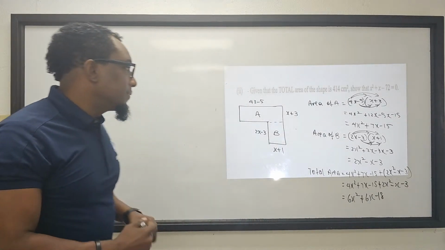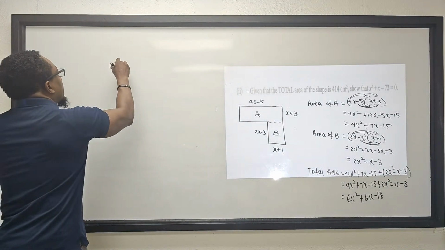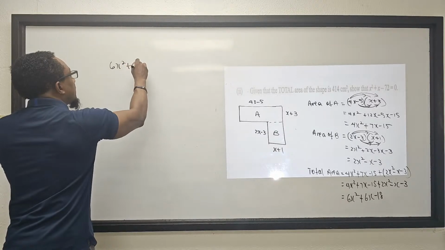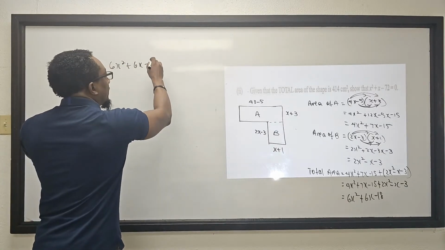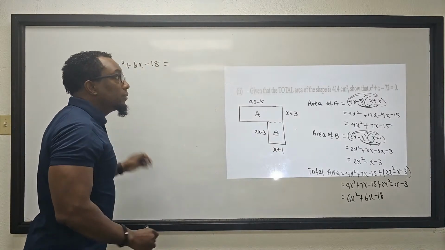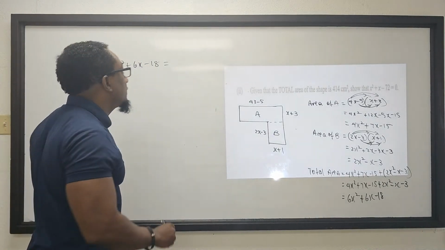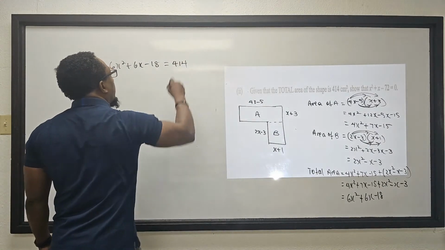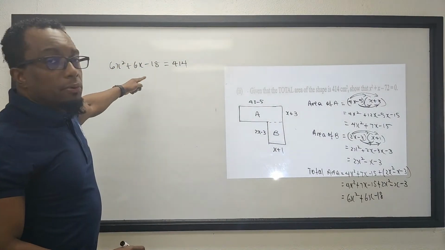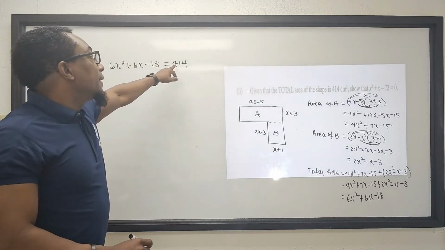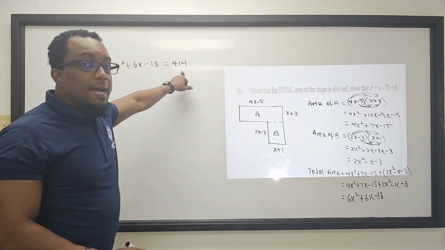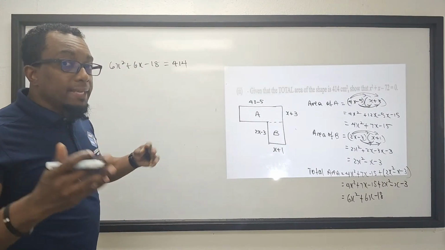We are going to place 6x squared plus 6x minus 18 equal to 414 centimeters squared. So this is the area of the compound shape as an expression in terms of x, and this is the area of the compound shape as a value. They're both the same, so we can equate.